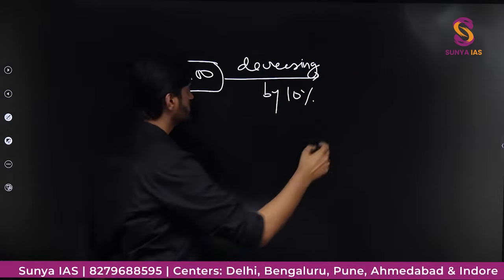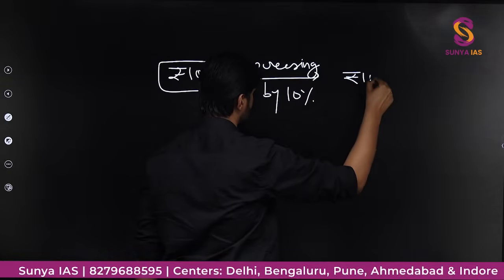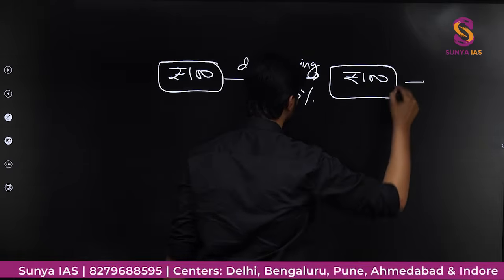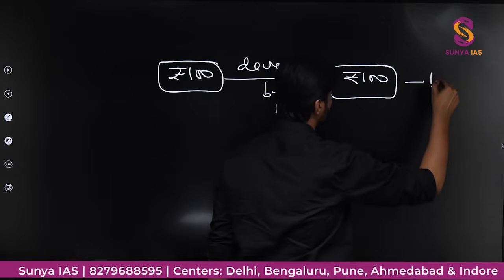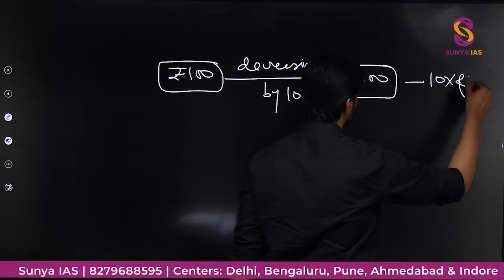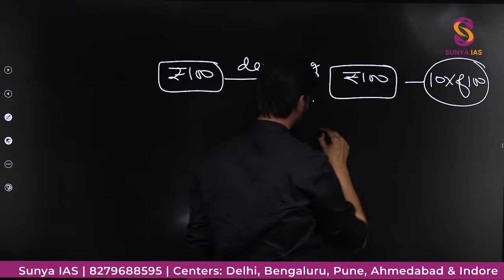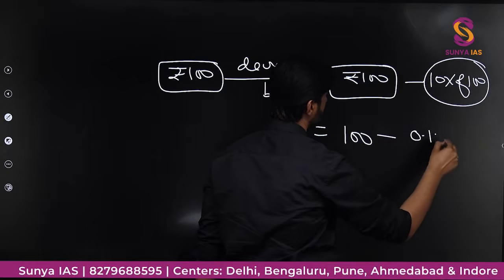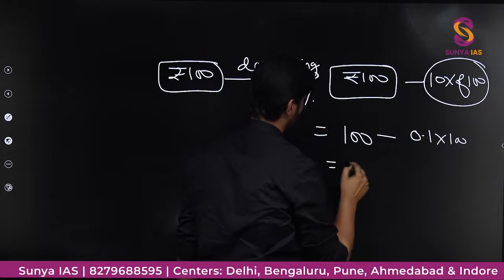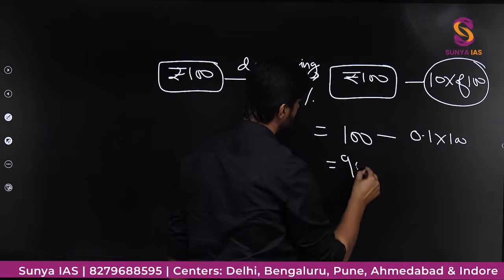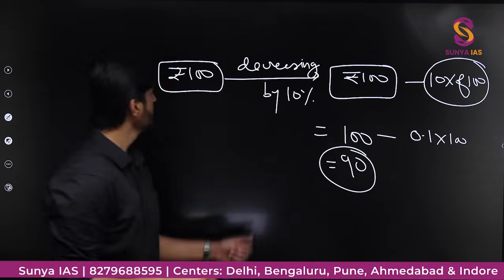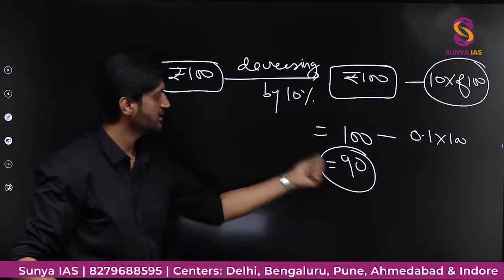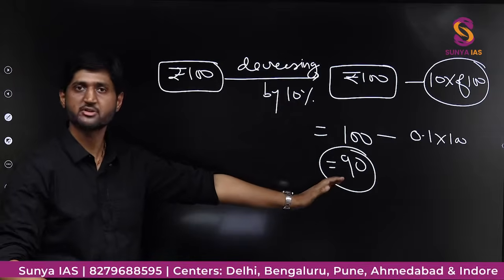It will be equal to the original amount minus the portion you are decreasing. How much is the portion? It is 10% of the original amount, that is 100. This will become nothing but 0.1 into 100. 100 minus 10, that is 90. This is the figure after decreasing its original amount by 10%.